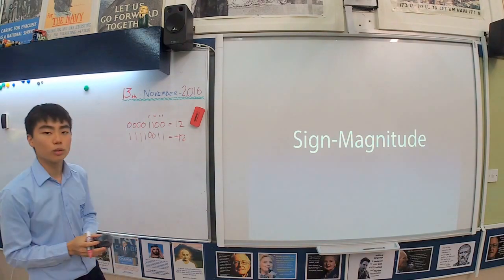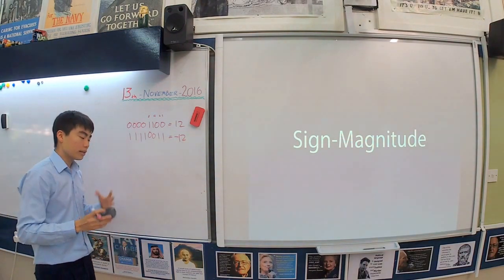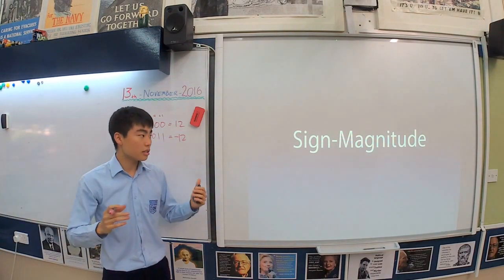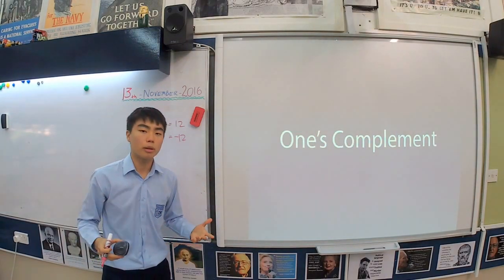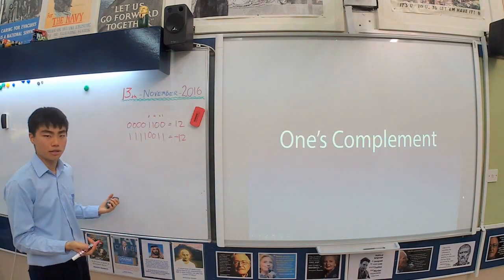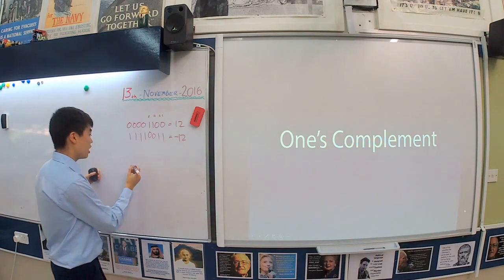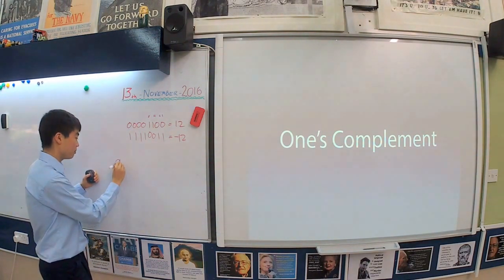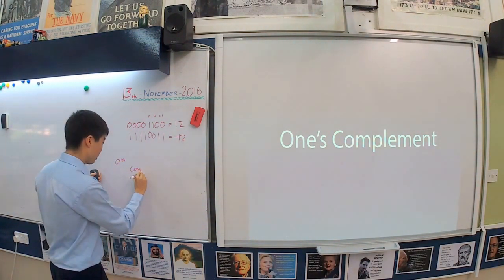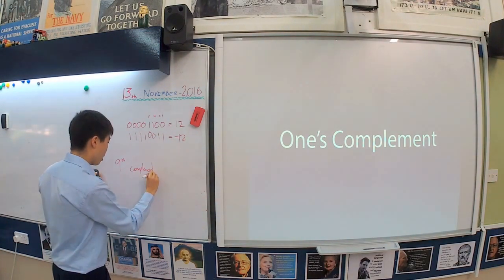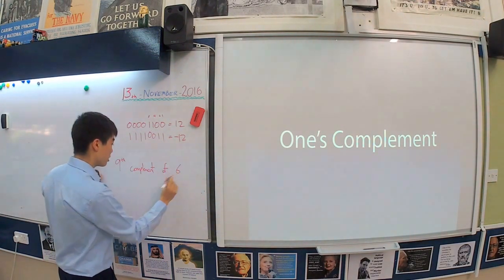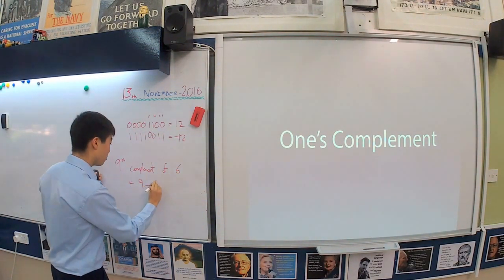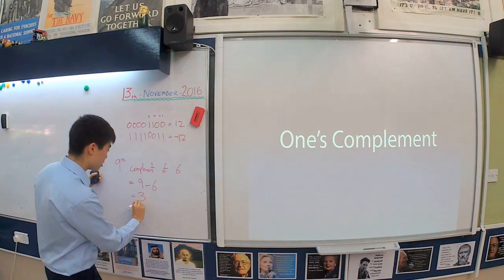And the reason that it's called 1's complement is, well, to understand it better, we need to think about what a complement actually means. So using the decimal system, which we're all familiar with, if we say we want the 9th complement of 6, we just literally do 9 minus 6, which gives us the answer 3.